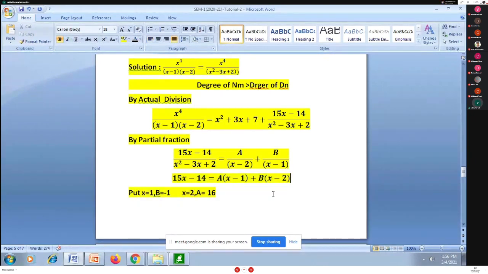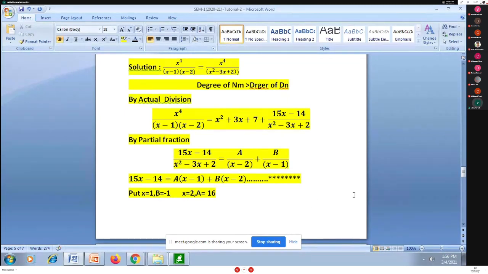Now this is the star step. I'm just writing this star step here. In this star step, I'm substituting x is equal to 1 and x is equal to 2. When I substitute, I get the value A is equal to 16, B is equal to minus 1.